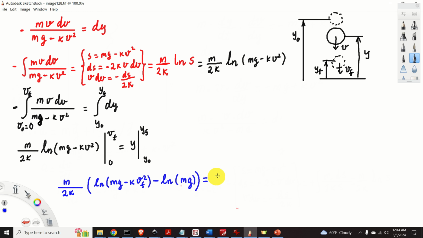And this is equal to y final minus y0. Now, we can transform this expression like this. By using the basic rules for manipulating log functions, we can write this difference of log functions as the division of arguments. Consequently, we have m over 2k multiplying ln of mg minus k vf squared over mg.